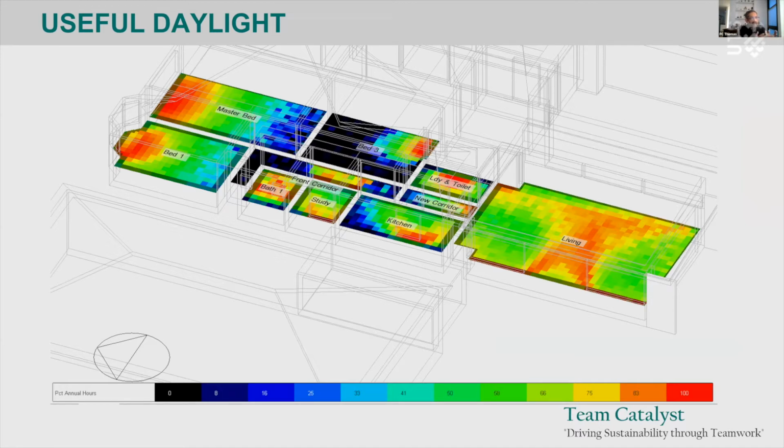So the range that I've used here is between 100 lux and 3000 lux. And it cycles through every hour where daylight is available, and then it works out the number of hours when daylight is within that range. So if I'm looking at that range, wherever it's dark, wherever it's blue, then there's less percentage of the time that that space has got useful daylight.